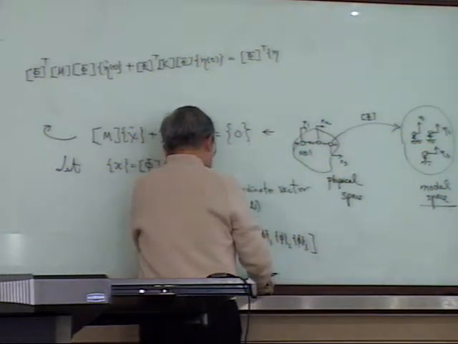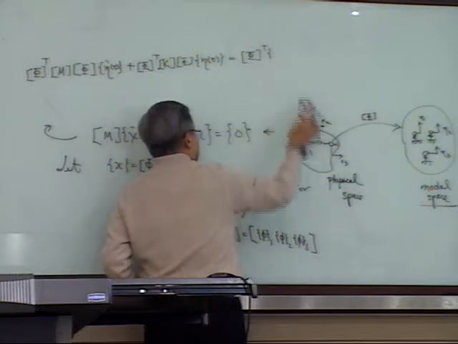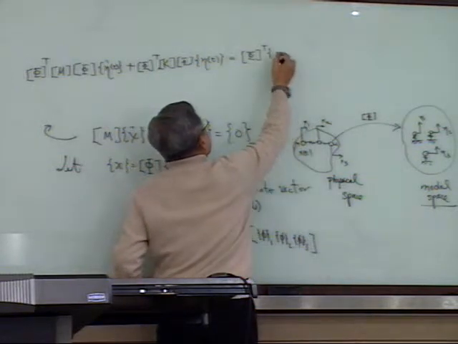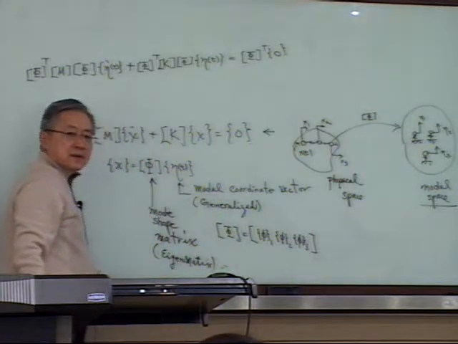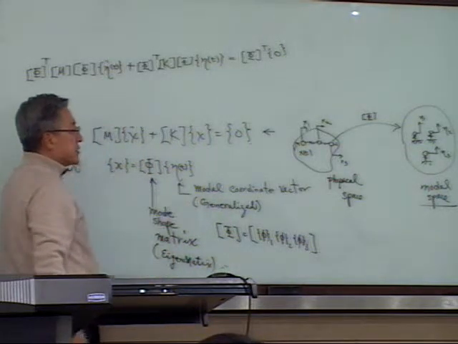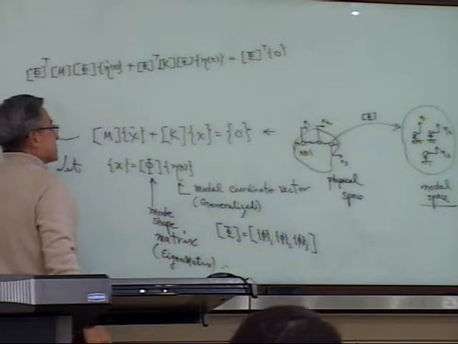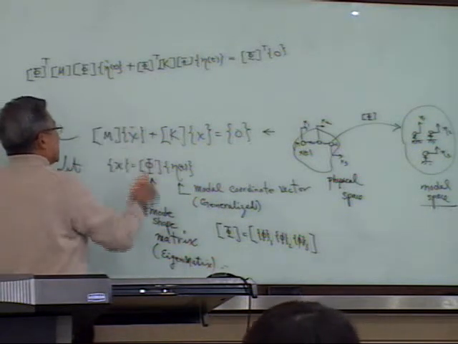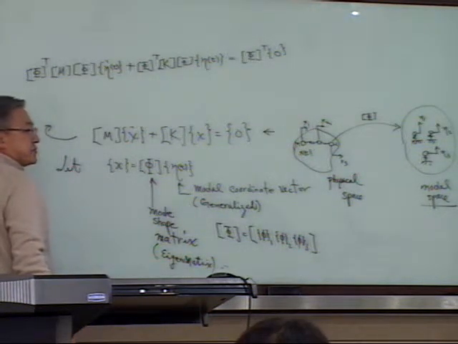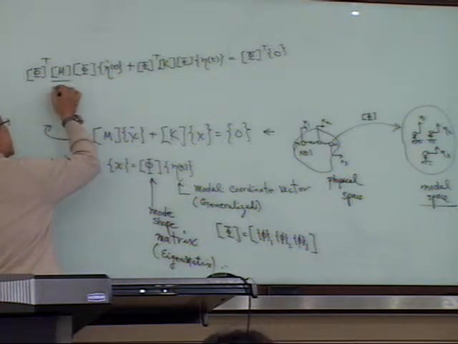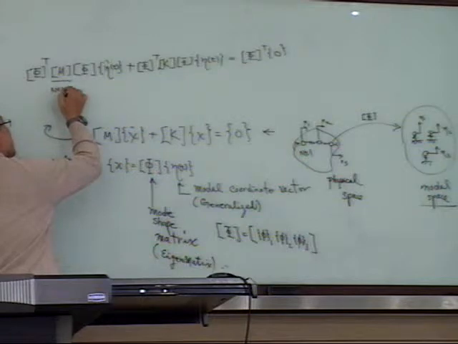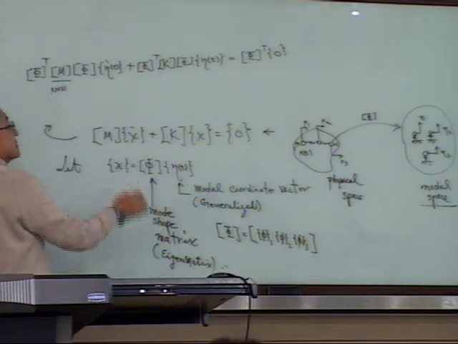I'm sorry. This is equal to 0, right? We are dealing with the 3 degrees of freedom model, but if we are dealing with n different masses, this is going to be an n by n matrix, right?